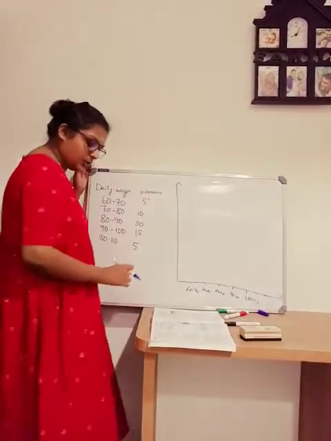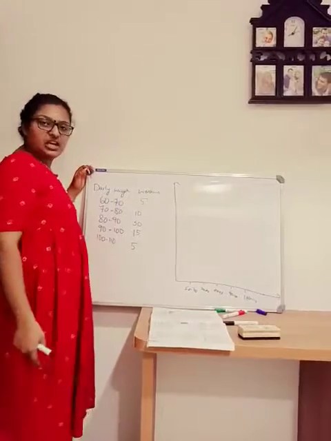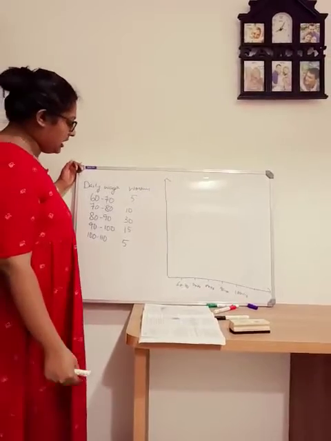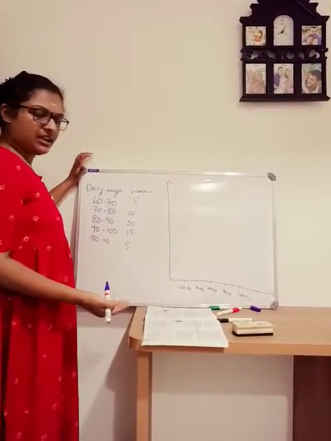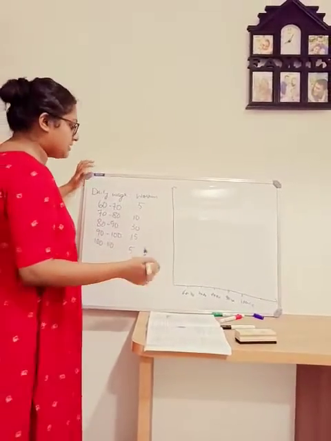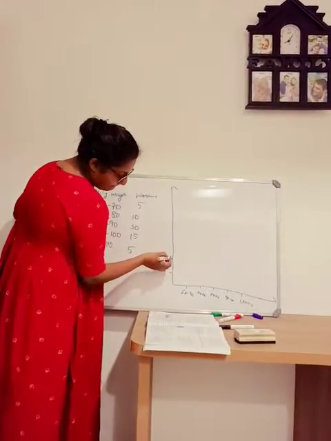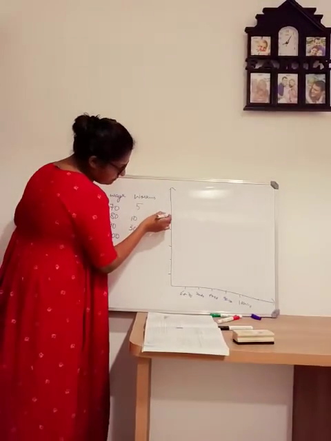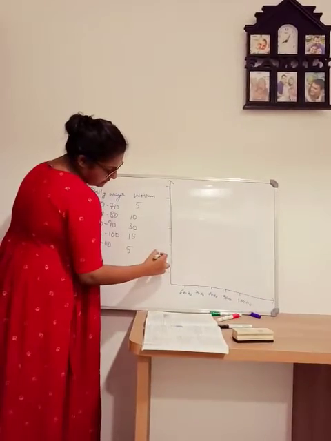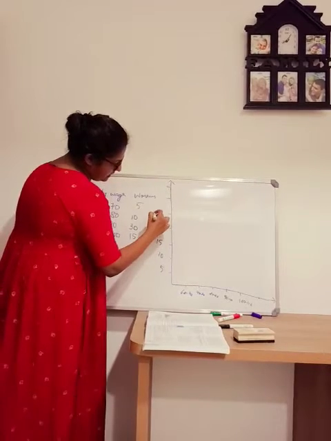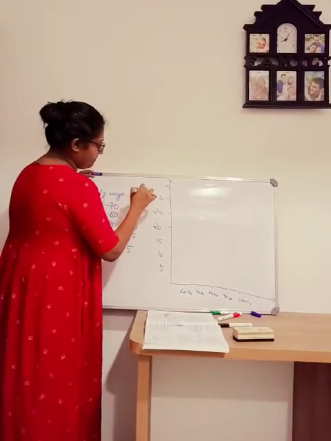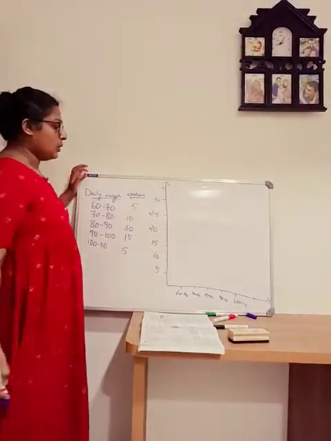On the other axis you will take the frequencies, that is the number of workers. You could take steps of 10 also, but the diagram will come out very small. So for an ideal size of the diagram we will take a scale of 5: 5, 10, 15, 20, 25, 30. So this is our scale.